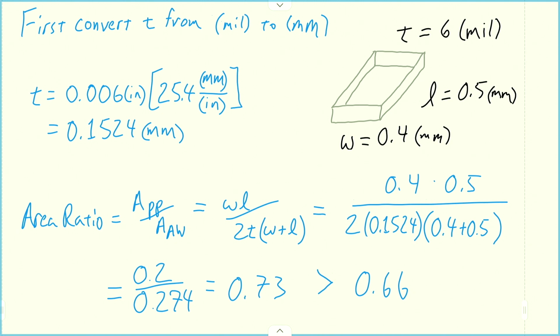First, we need to convert the thickness T from mils to millimeters so that the units used in the area ratio are all the same.